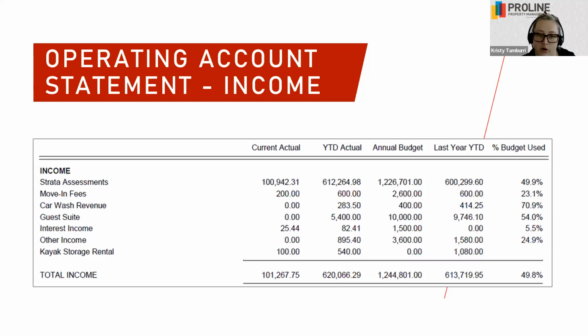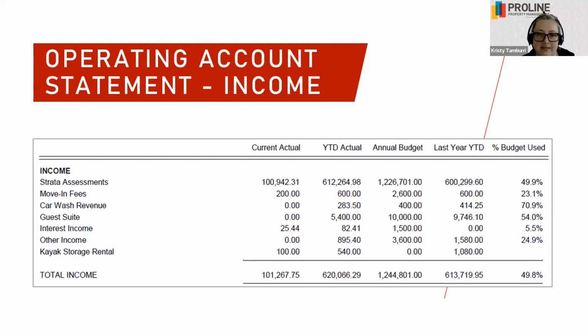Looking at this particular sample operating statement, you'll see that there are a number of different categories for income. Every strata corporation may look a little bit different, but ultimately we're going to see the strata assessments collected, and then that will be broken down for the operating versus the contingency reserve fund contribution. Depending on what other income your particular strata corporation collects, you'll also see that broken down.